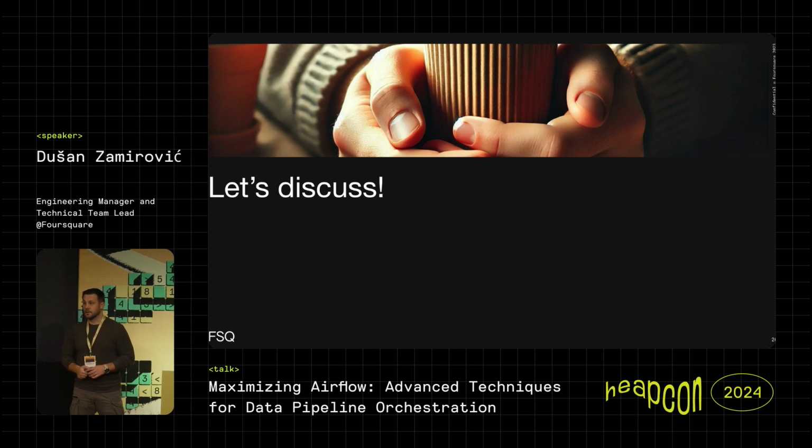We are trying to move all of our EMR work from EMR on EC2 to EMR Serverless. So we are using EMR Serverless. I don't know if that answers this question.